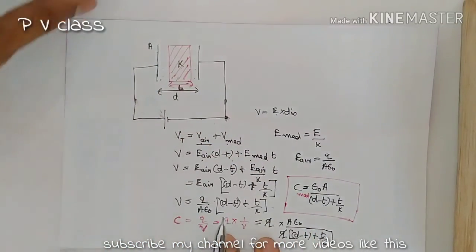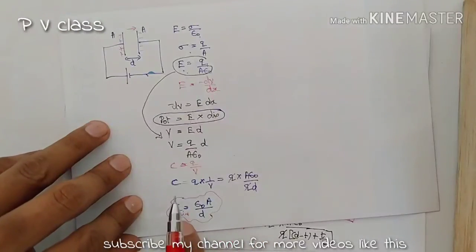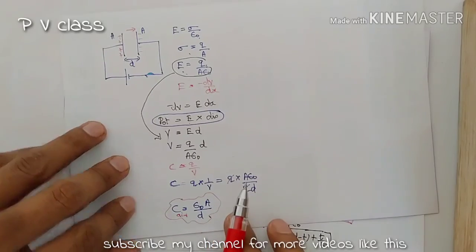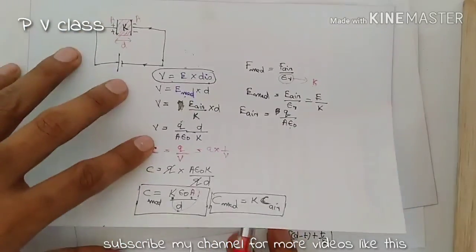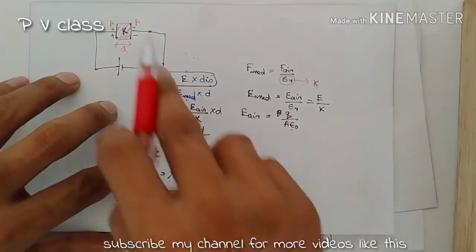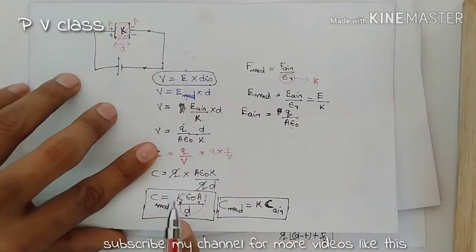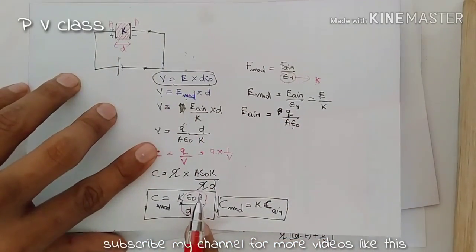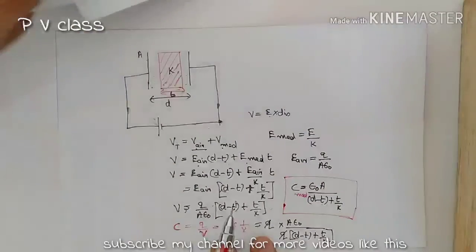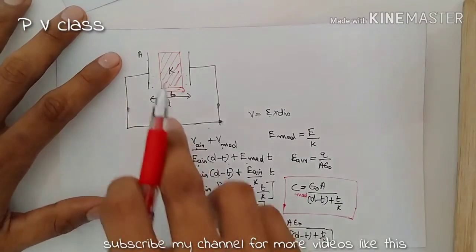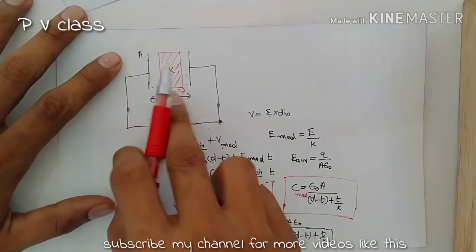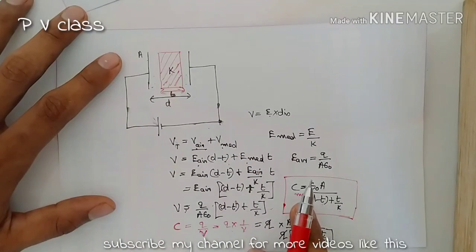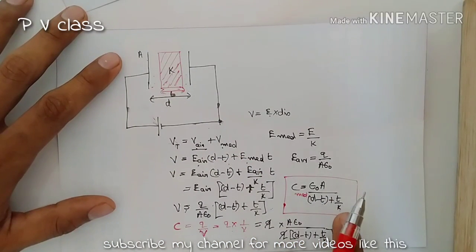For a quick comparison, the capacitance in air was epsilon 0 A by D. If the capacitor is completely filled with medium, it was K epsilon 0 A by D. And if the capacitor is filled with a dielectric up to a thickness T, it is epsilon 0 A divided by D minus T plus T by K.